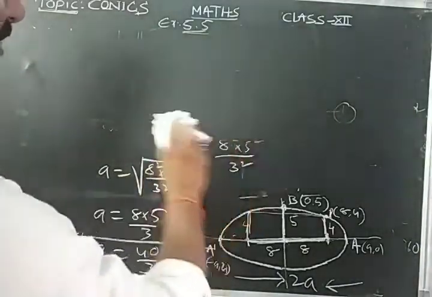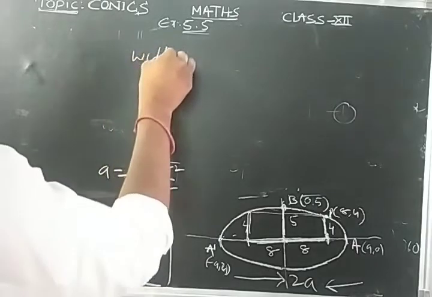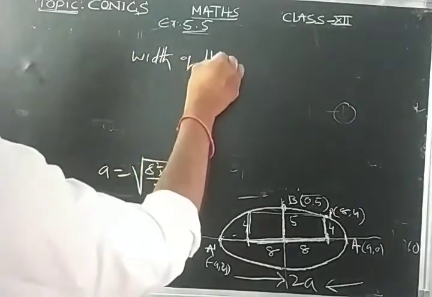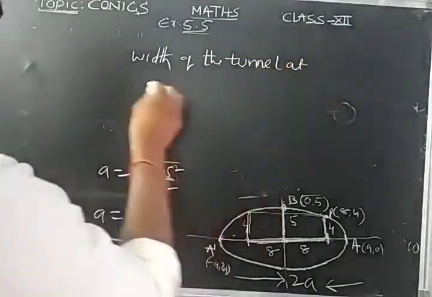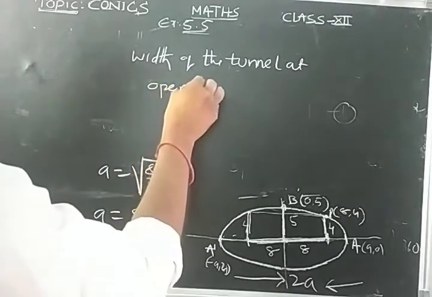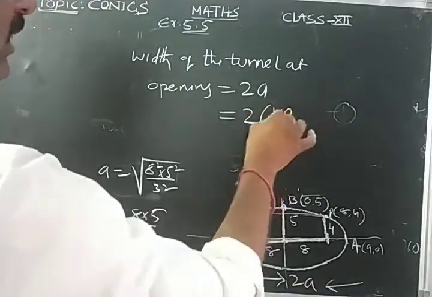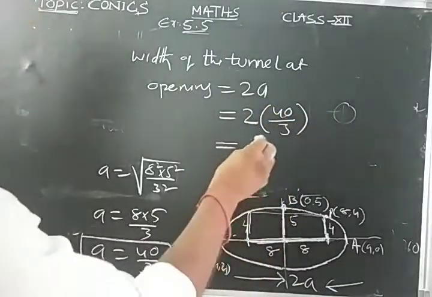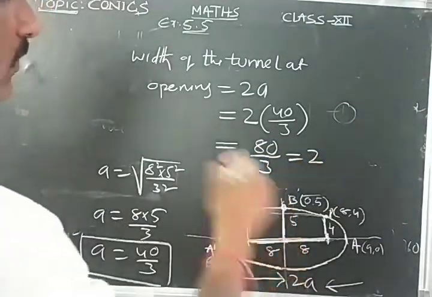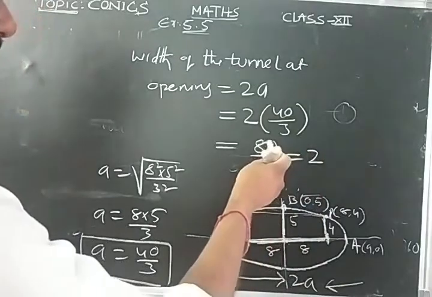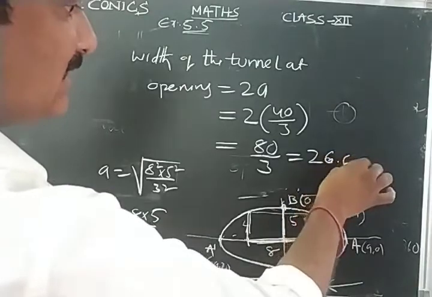Therefore, the width of the tunnel at the opening is equal to 2 into A. That is 2 into 40 by 3, so 80 by 3. 80 by 3 is 26.6 and so on.